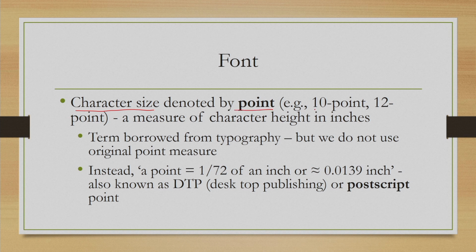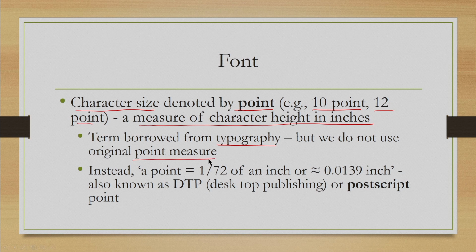For example, a 10-point font, a 12-point font, and so on, which is a measure of character height in inches, and this term is borrowed from typography. But in computer graphics we do not use the original measure.